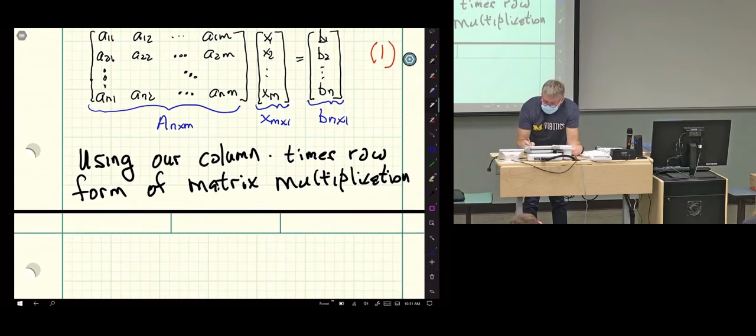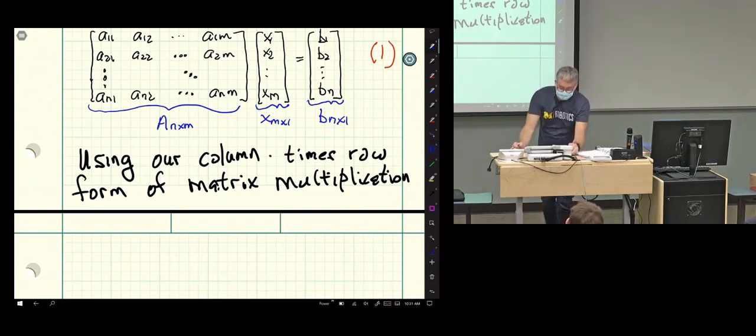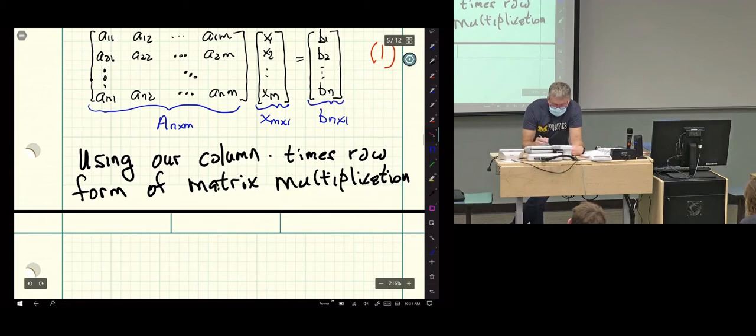Here's a column. It multiplies by this row. Everybody agree? It's not my fault the row is trivial because it's an m by 1 vector. I can't be held accountable for that. It's still just a column times row. Here's the jth column, here's the jth row, and we just add them up.